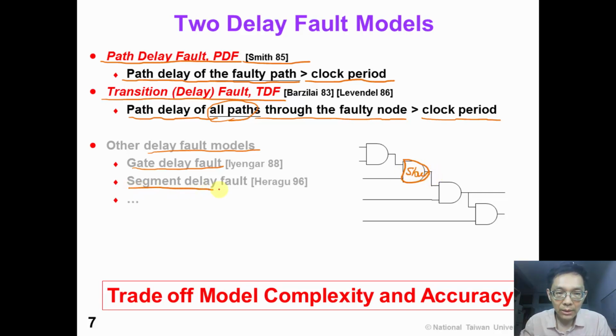Or a segment delay fault model assumes that a segment is particularly slower. These different delay fault models trade off model complexity and accuracy. A more accurate fault model is typically more complicated to handle.